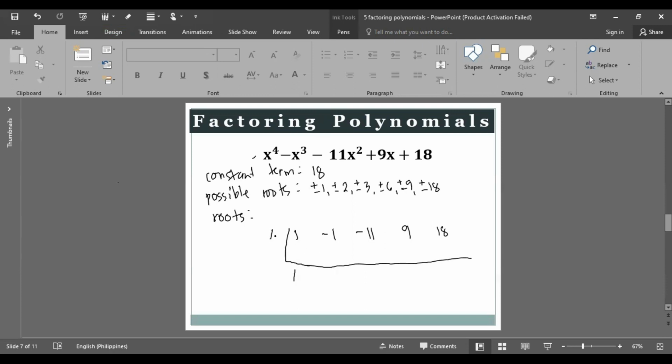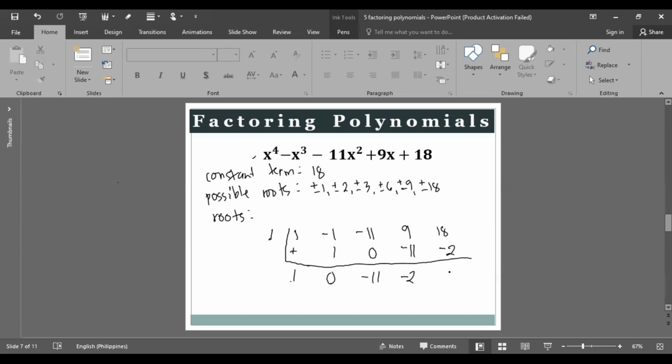Bring down 1, multiply, we get positive 1, add, we get 0, multiply, 0, add, we get negative 11, multiply, we get negative 11, add, we get negative 2, multiply, 1 by negative 2, we get negative 2.